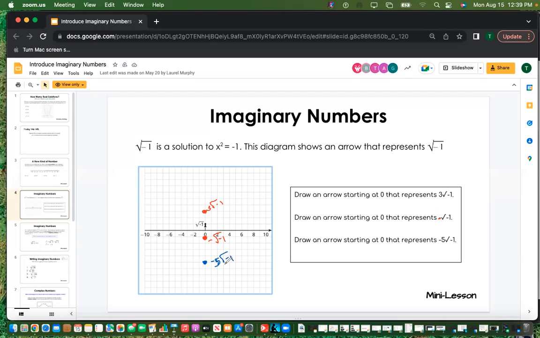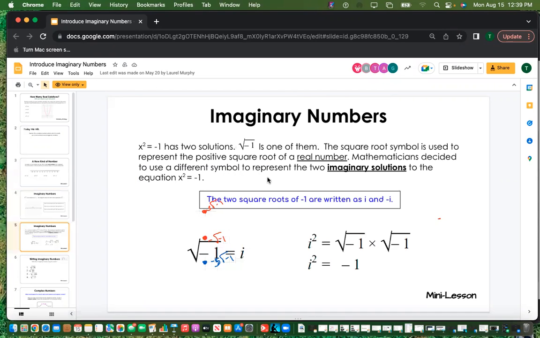Now we're going to introduce a new number system. We're going to talk about imaginary numbers. That's where this square root of -1 is going to come into play. This is probably the most important part of this entire unit. If I were taking notes, this is what I would write down. x squared equals -1 has 2 solutions, and the square root of -1 is one of them.